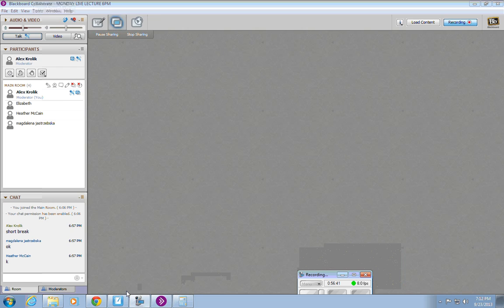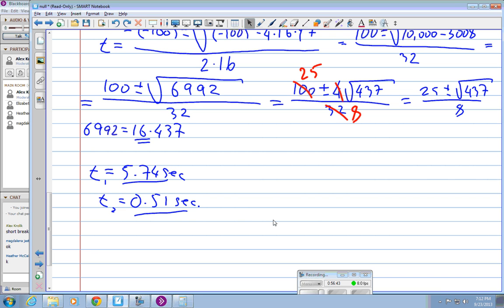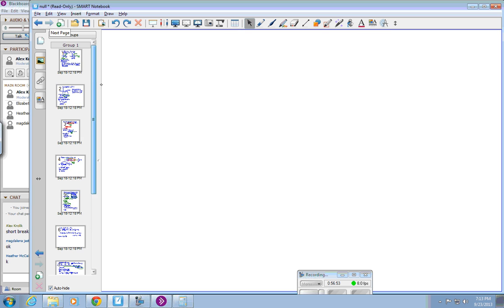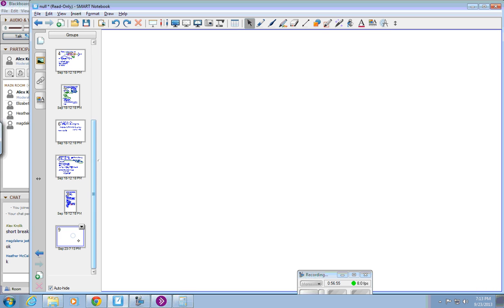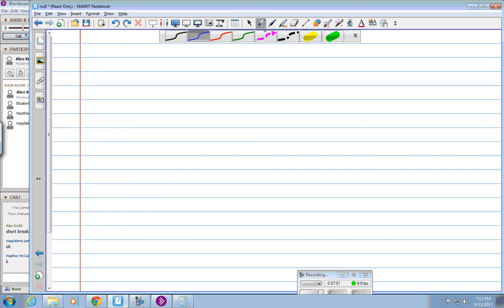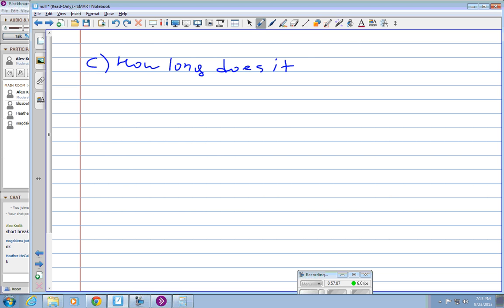Okay, so we were playing with this function. We still can answer a few more questions about it. So here's another question. So that's probably question C. How long does it take for the marker to hit the ground?